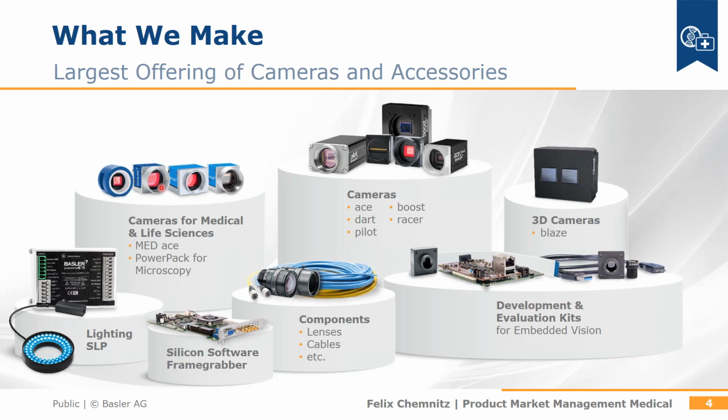These cameras come with additional firmware features to be explicitly suitable for the medical and life science field. There is also a 3D camera in our portfolio, which gives you the ability to have not only a two-dimensional view but a three-dimensional view with depth information as well.